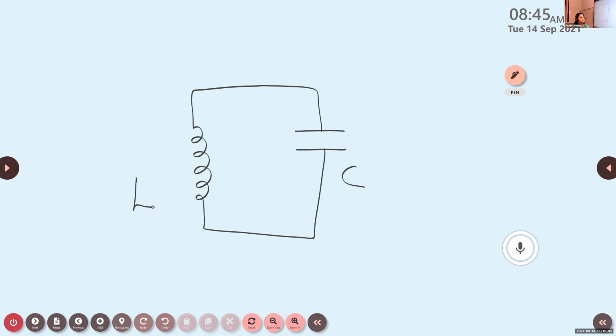Now, initially the inductor and capacitor are not charged. They are in an uncharged state. Then with the help of a battery, we are charging this capacitor. So at the initial state, the inductor and the capacitor don't contain any amount of charge, but with the help of a battery, we charge this capacitor.